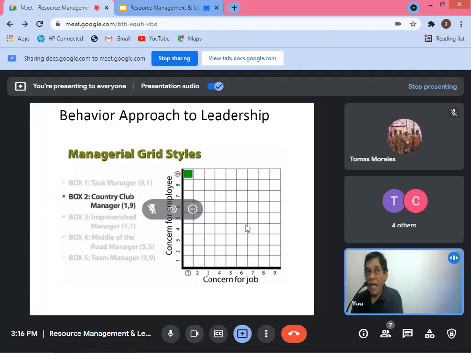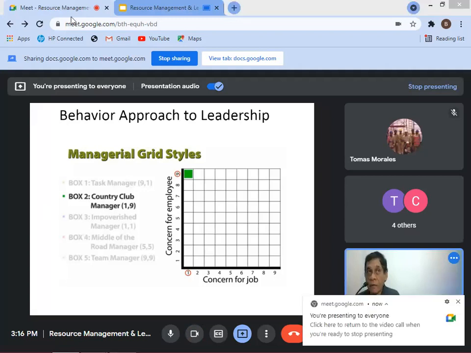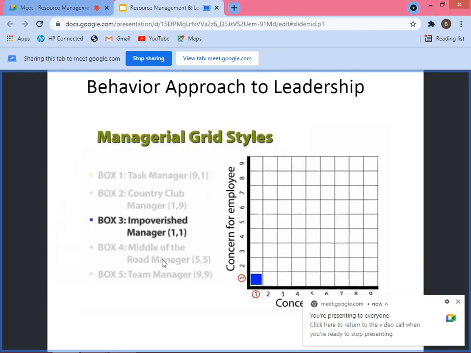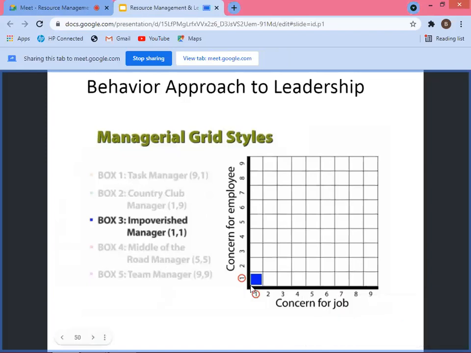Right here, 9. So 1,9. Next box is the impoverished manager, 1,1. Low concern for the job and low concern for the employee, 1,1 right here. I'll explain that to you later.